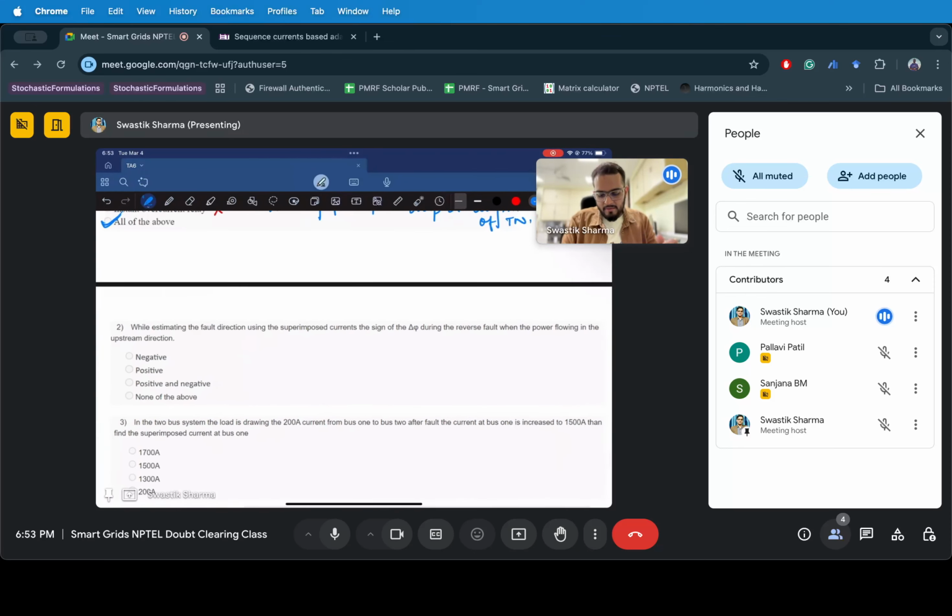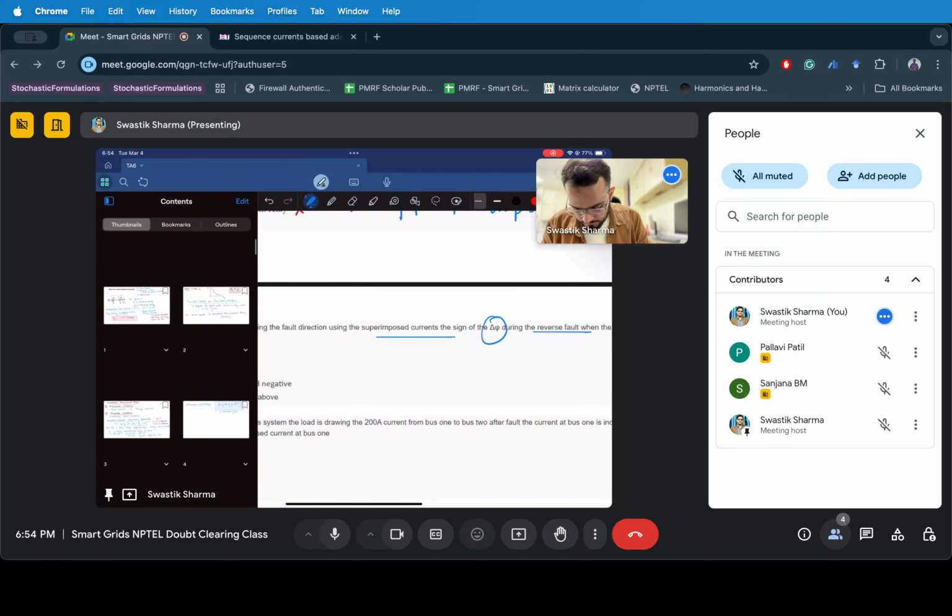Next, when estimating the fault direction using the superimposed currents, what is the sign of delta phi during a reverse fault when the power is flowing in the upstream direction? Let's do it through the example we already have.